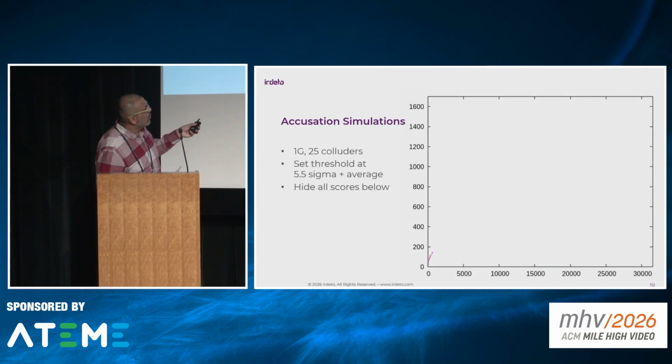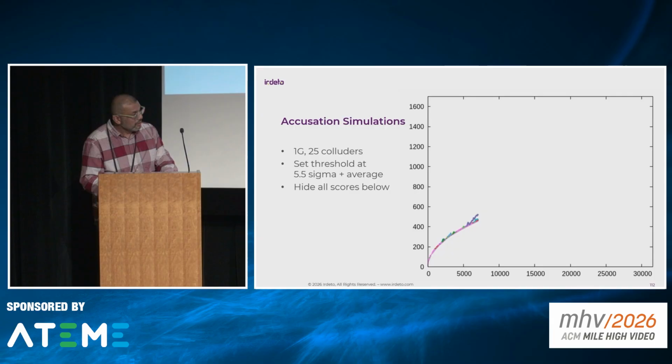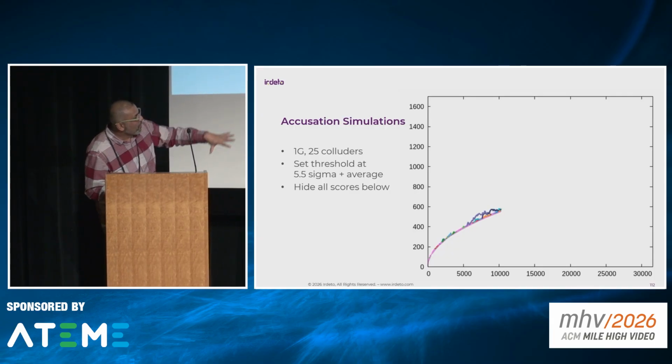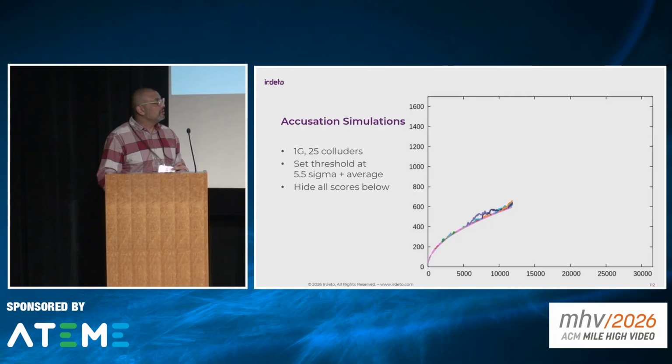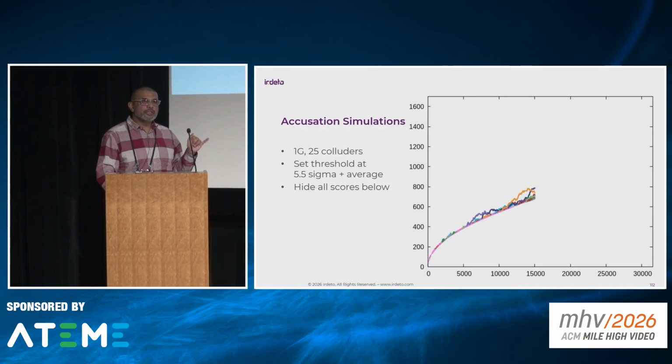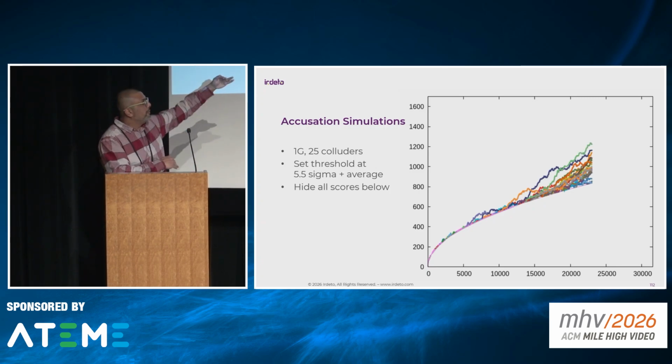And the last one was the most challenging case. This is the 25 colluders in a user set of 1 billion. So this will keep going. It will take its own sweet time. But after around 30,000 to 32,000 bits, I think in our simulations, we were able to get 24 out of 25 directly using our threshold-based scheme.